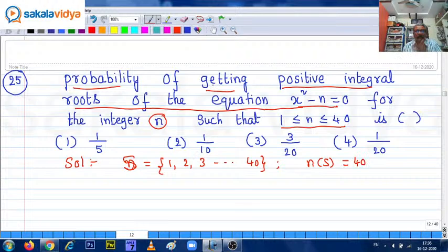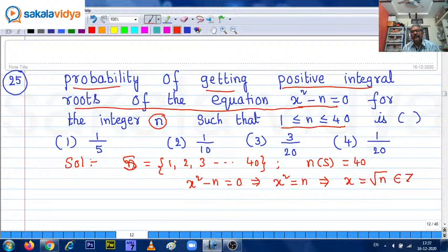So let E be the event of getting positive integral solution. Let us solve it. X square minus n equals to 0, here x square is equal to n. X must be root n, but root n must belong to the integers. So n values must be 1 square, 2 square, 3 square, 4 square, 5 square, 6 square.